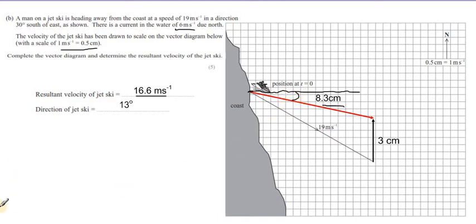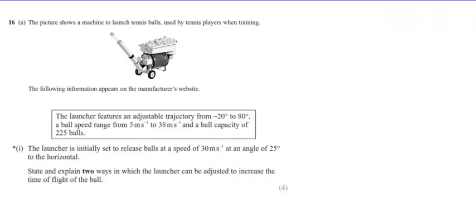Okay, so question number 16. The picture shows a machine to launch tennis balls used by a tennis player when training. The following information appears on the manufacturer's website. The launcher features an adjustable trajectory from minus 20 degree to 18 degree, a ball speed range from 5 to 38 meter per second, and a ball capacity of 25 balls.